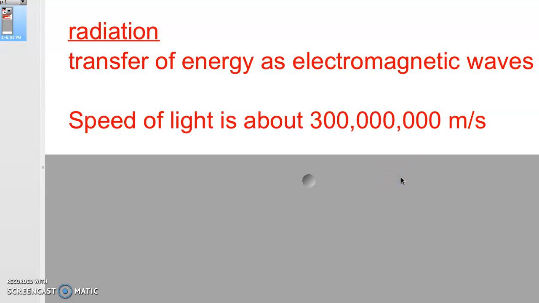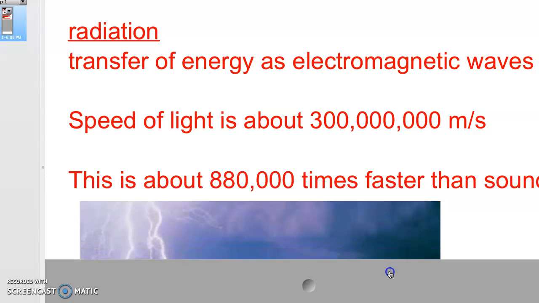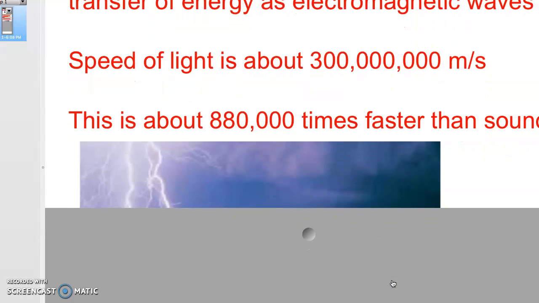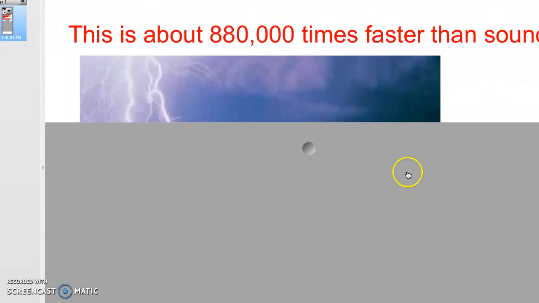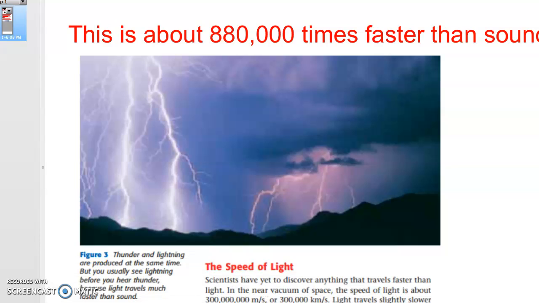We also need to mention the difference between the speed of light and the speed of sound. The speed of light is about 300 million meters per second, and it's about 880,000 times faster than sound. A few weeks ago we were talking about lightning and thunder, right? We talked about that idea of you see the lightning bolt even though the thunder happens almost simultaneously.